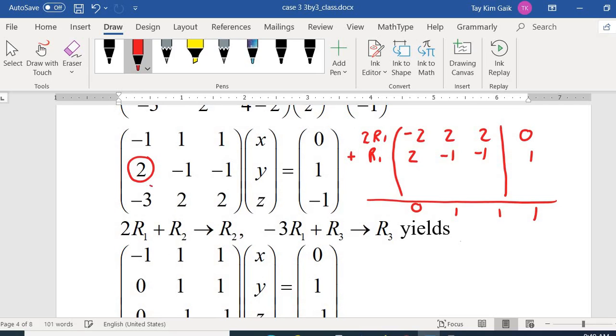Now to make this become 0, you multiply row 1 by negative 3, add up with row 3, and put back the changes on row 3.